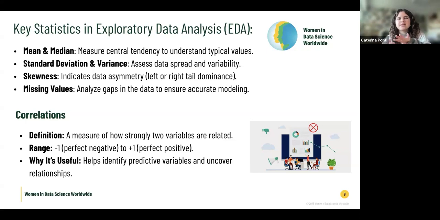Also, skewness indicates data symmetry, whether our dataset has left or right tail dominance, or whether our data points are more towards the left or the right. And then we have missing values, so analyze gaps in the data to ensure accurate modeling. All those things are really important, and we don't cover all of them in these datasets, but those are part of EDA, so feel free to research more on those.